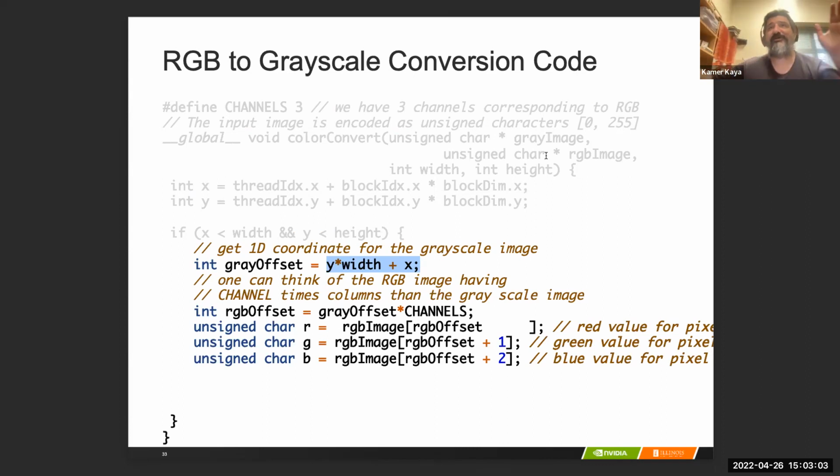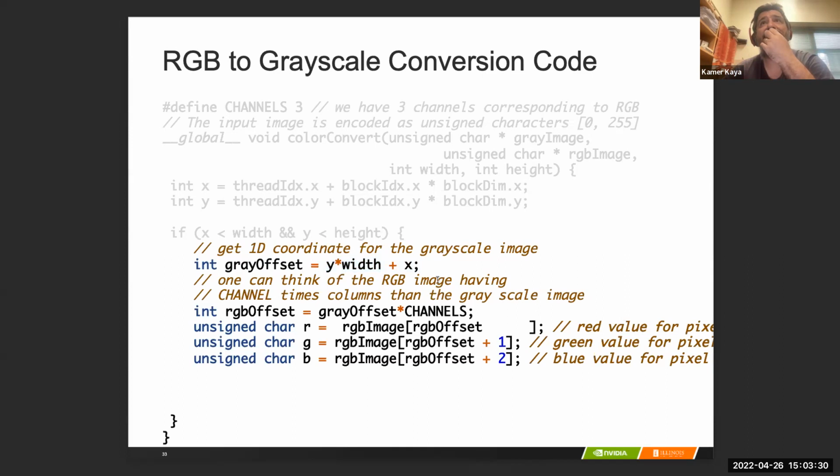Because this is a one-dimensional representation. So for the gray offset, which will be used for the output, there is 1 character per pixel because it's a grayscale image. And then I can compute it by Y times width plus X. Again, the same logic. We are not doing something fancy here.